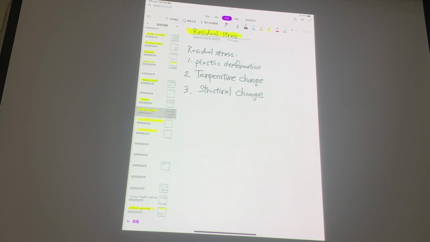I'm sure Dr. Lee mentioned that, for say plastic deformation, temperature change, structure change, and other things. There are too many factors that overshadow these results. So using X-ray to detect residual stress is still a very ambiguous area. 还是非常混沌的领域。Good. Any other further questions?